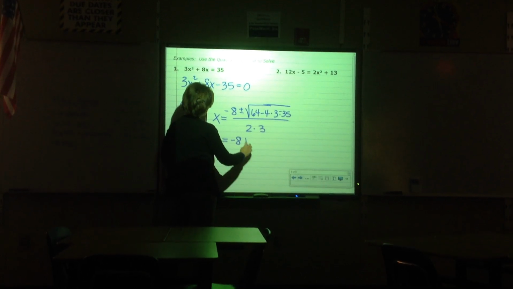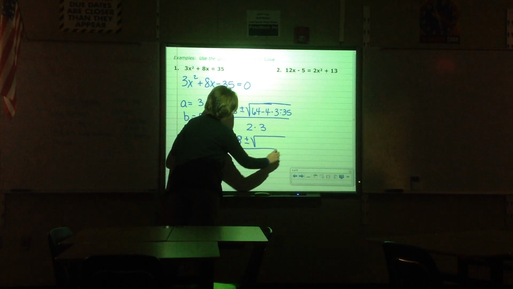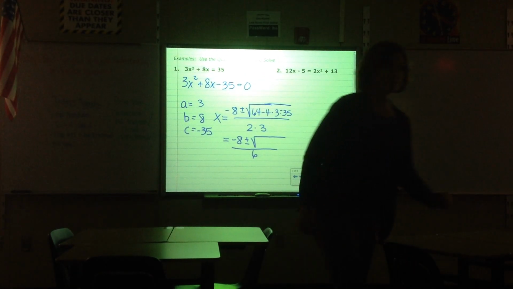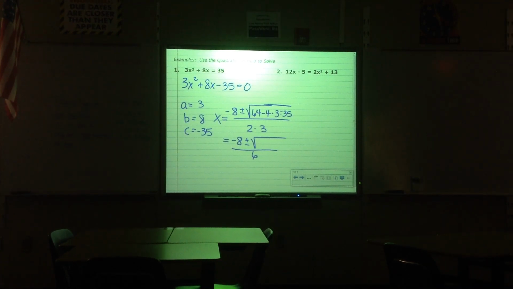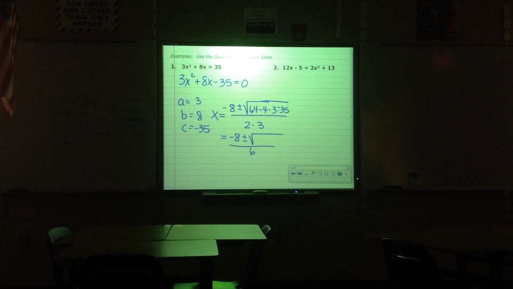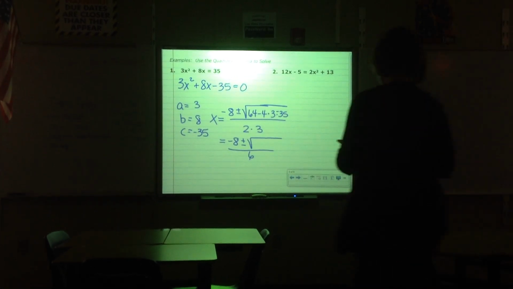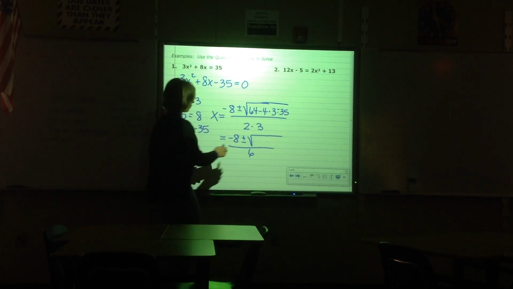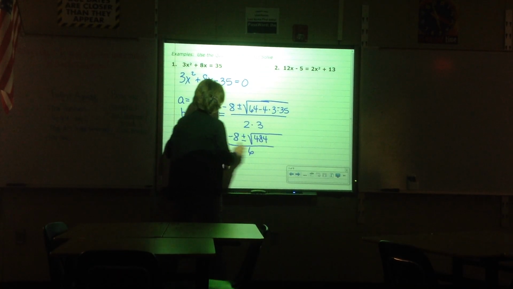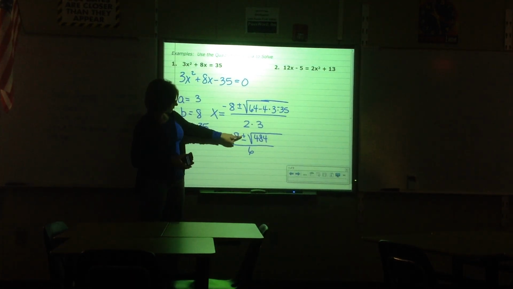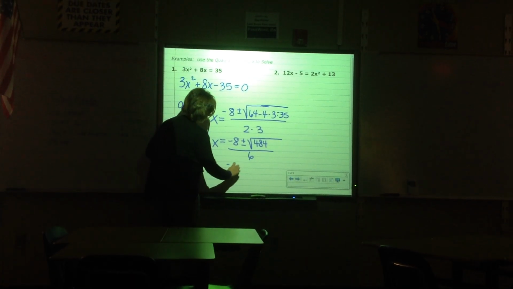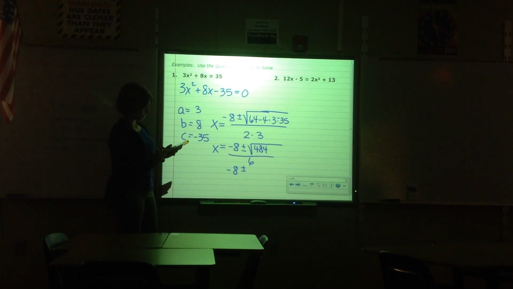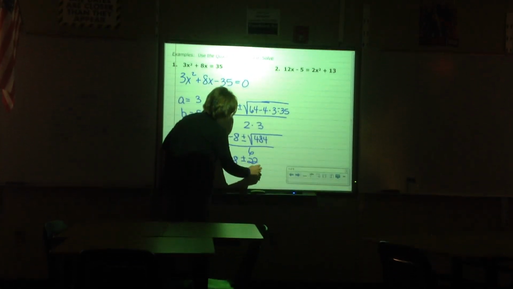So I have negative 8 plus or minus, that is divided by 6. So 64 minus 4 times 3 times negative 35 gives us 484. Now keep in mind you have 2 answers here because we still have that plus or minus in there. So I'm going to have negative 8 plus or minus the square root of 484, which is 22, all over 6.